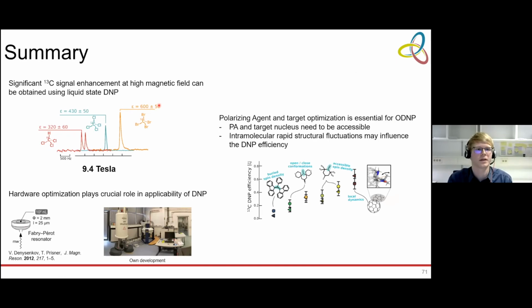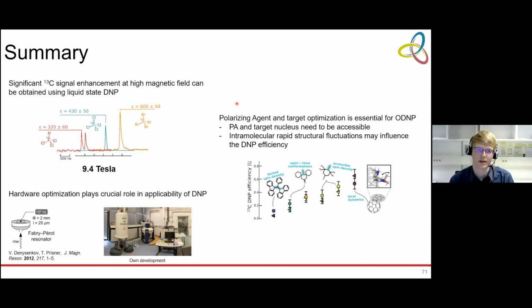And with this, I have a brief summary. I think I showed you that DNP at high field can work. We have a demonstration for that. For polarizing agents in general, the molecular structure of our DNP system is of crucial importance and can be optimized if we retain high accessibility, high localization of the spin density, and we also have to take care of local structural reorientation.